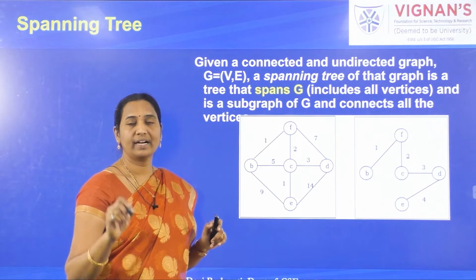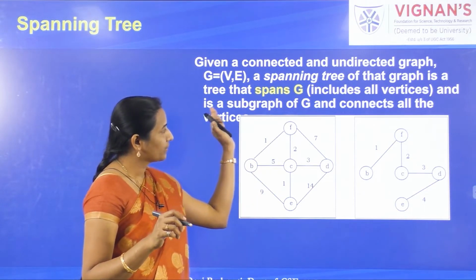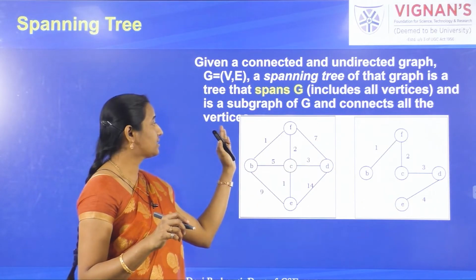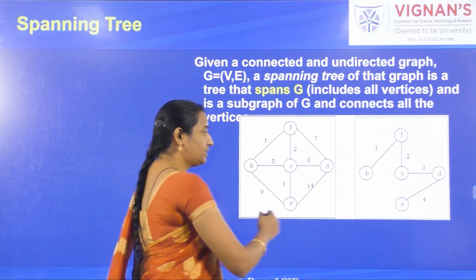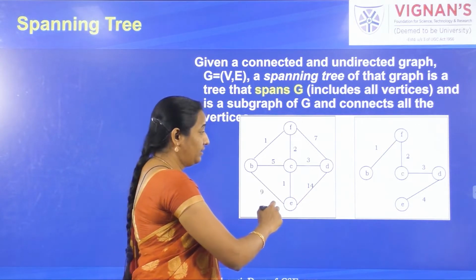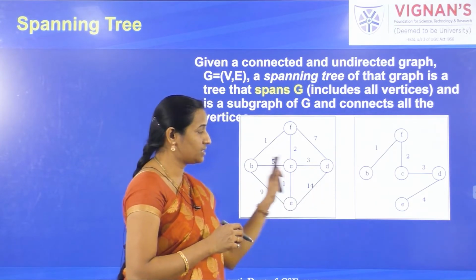It should contain all the vertices from the original graph, and it also connects all the vertices of the original graph. That's what a spanning tree is. Consider this example graph, and this is one of the spanning trees for this given graph.